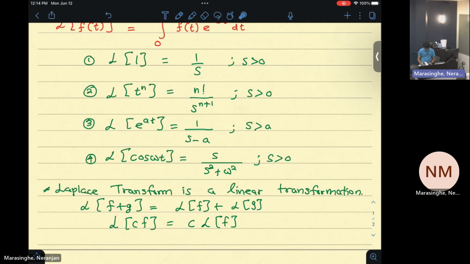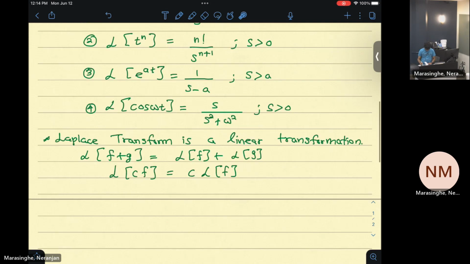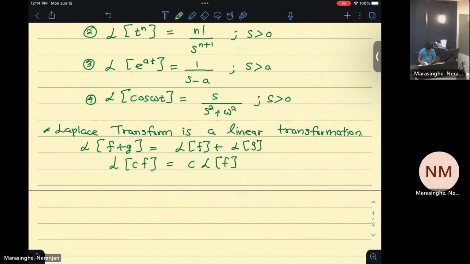That is the Laplace transform of sine omega t. The Laplace transform of sine omega t is equal to omega divided by s square plus omega square. This is for s greater than 0.